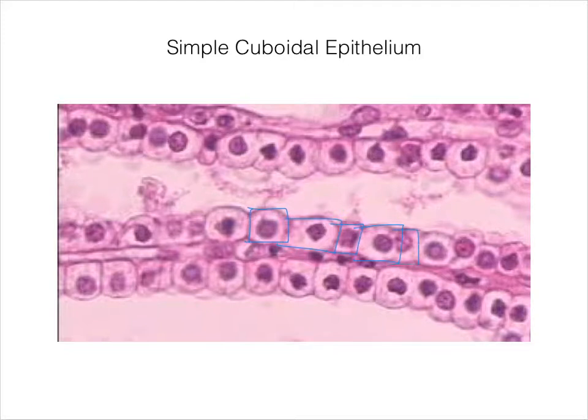Note that each cell has a nucleus and some cytoplasm. That's how you can tell it's a cell. I don't see a lot of extracellular matrix in between them, and they're roughly the same height as width. So this is simple cuboidal epithelium.